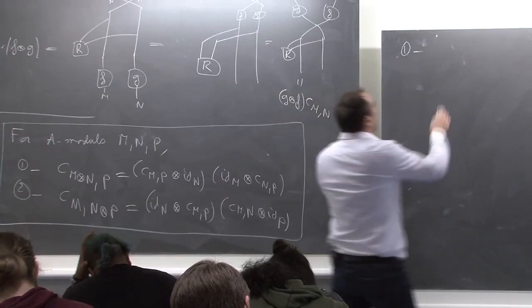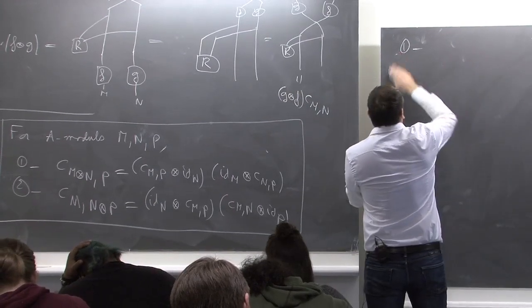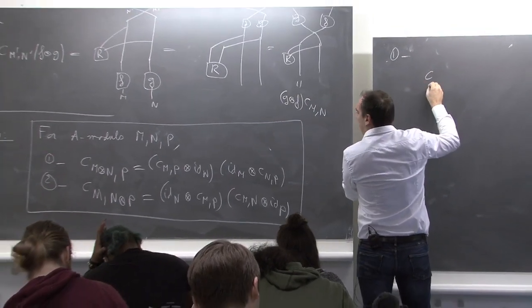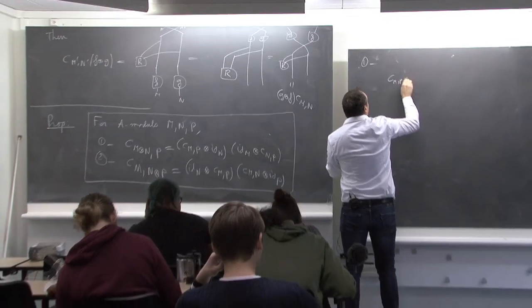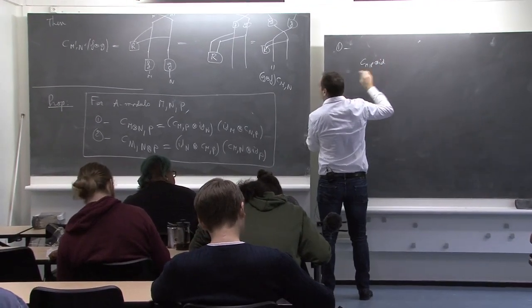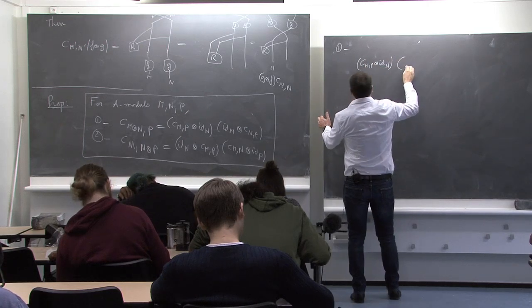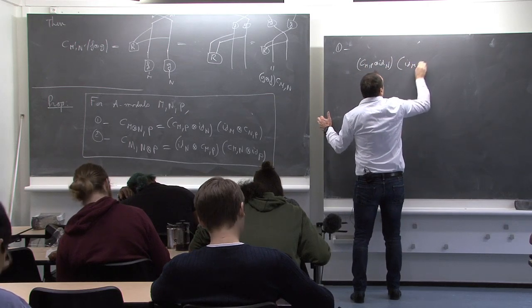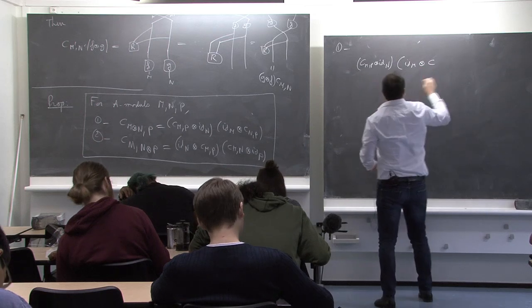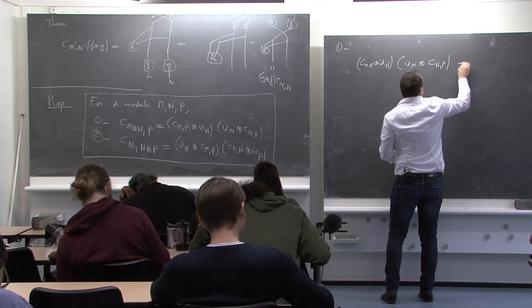Okay, so I will compute this: C_{M,P} tensor identity of N, then C. What is it?